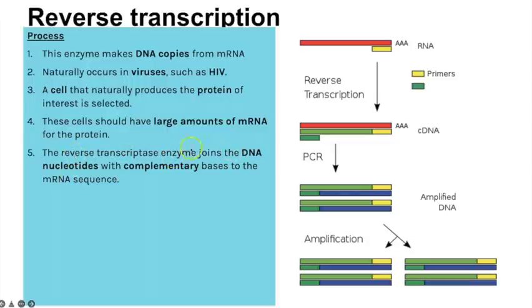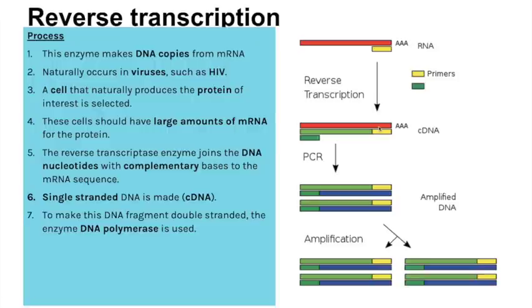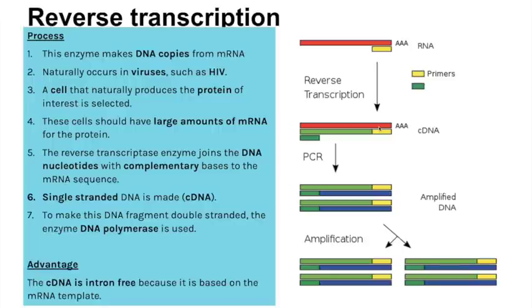And that will join the DNA nucleotides with complementary bases to the mRNA sequence. You will then have created a DNA sequence, but it will only be single-stranded. To make the DNA fragment double-stranded, the enzyme DNA polymerase is then used to create that second strand.